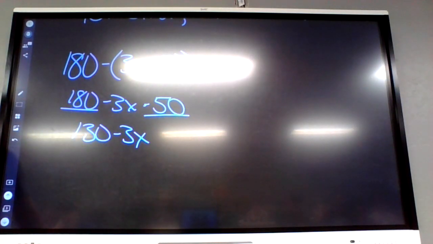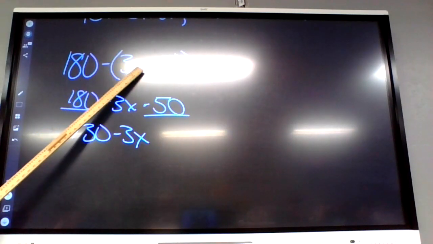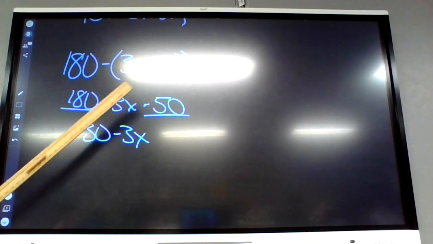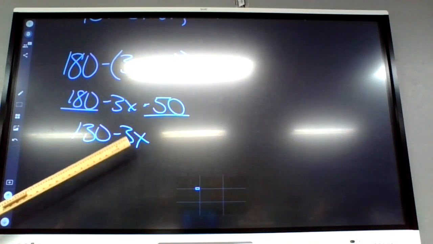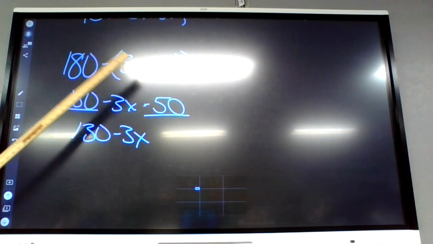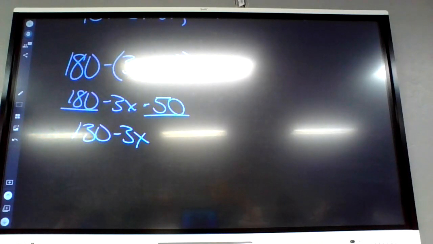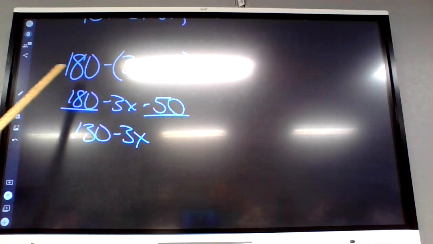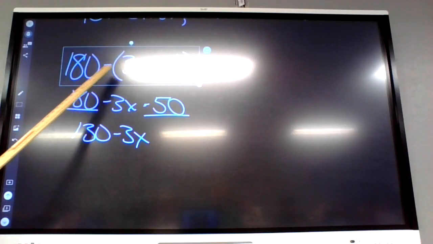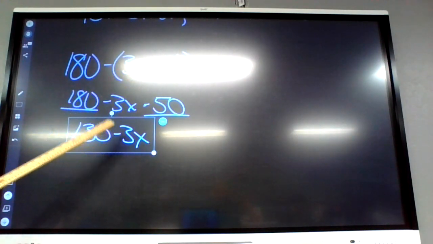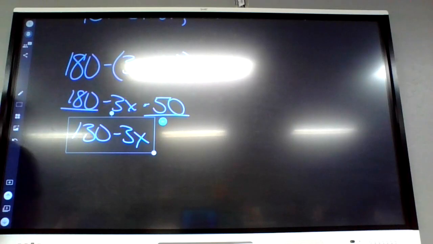So what does that tell us? 3x plus 50 and this are supplements of each other. You guys follow that? Remember, we've used the 180 minus thing. That was like Wednesday's assignment. Anyways, if they're supplements, 180 minus one of them should give you the other one. So those two angles they give us on 16 are supplementary.